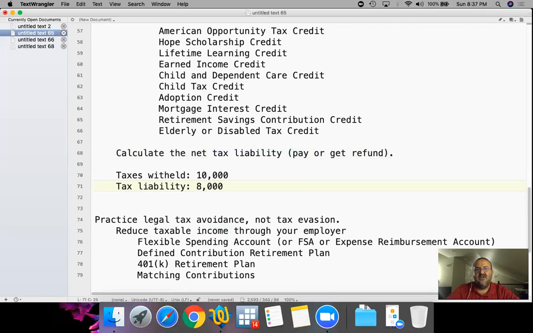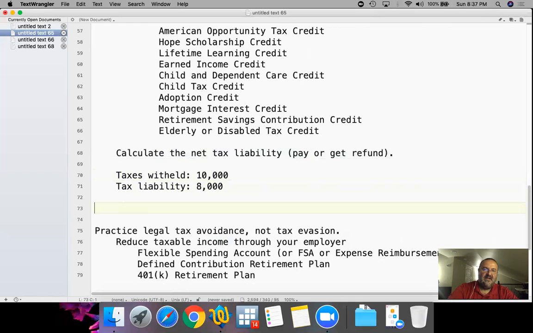Which means you paid more taxes than you should have, and now you're going to have a tax refund. It will be 10,000 minus the 8,000, and you're going to get a check for $2,000 from the IRS, right?